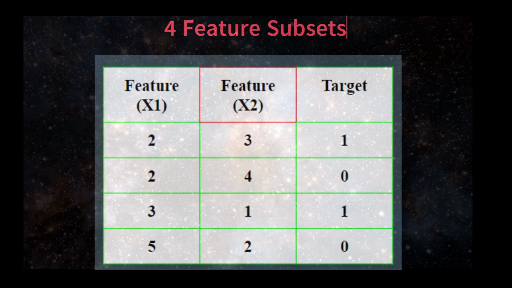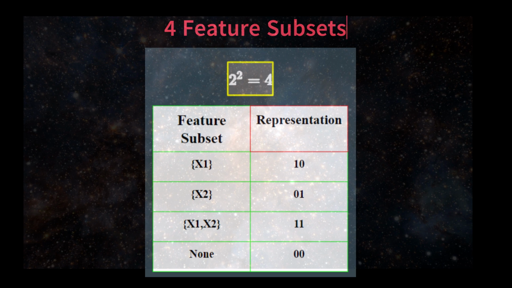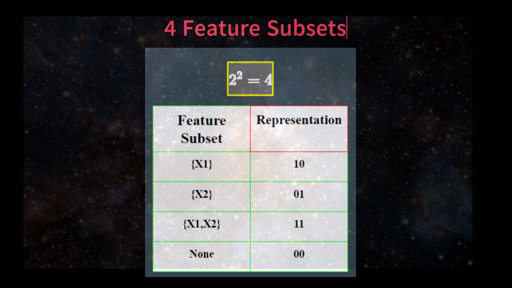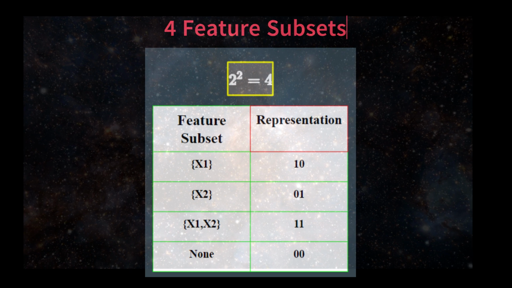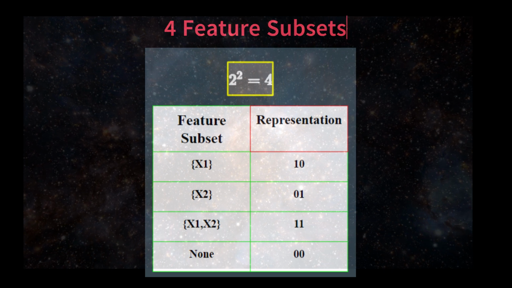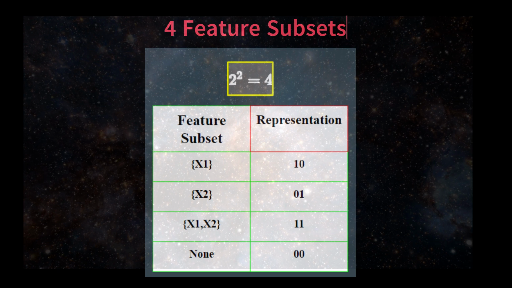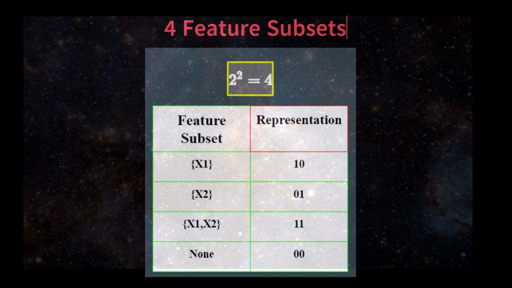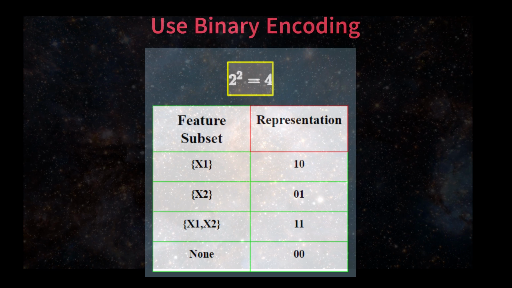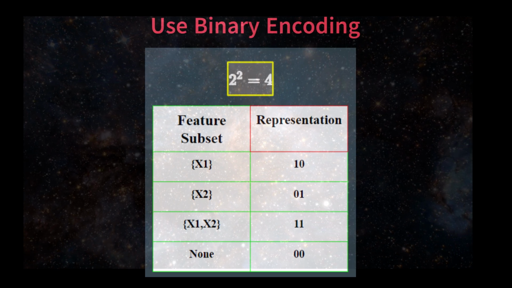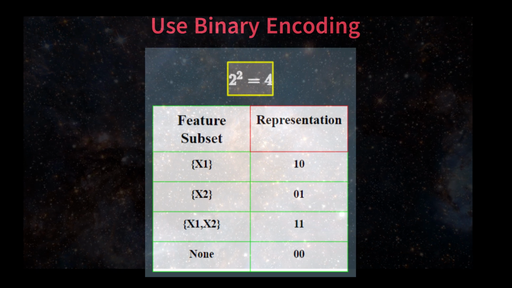So for this simplified dataset, we have four possible feature subsets. The first subset is x1, the second is x2, the third is x1, x2, and the fourth is no feature selected. Now we will represent each of these subsets using binary encoding. For x1, the binary encoding is 1 0.